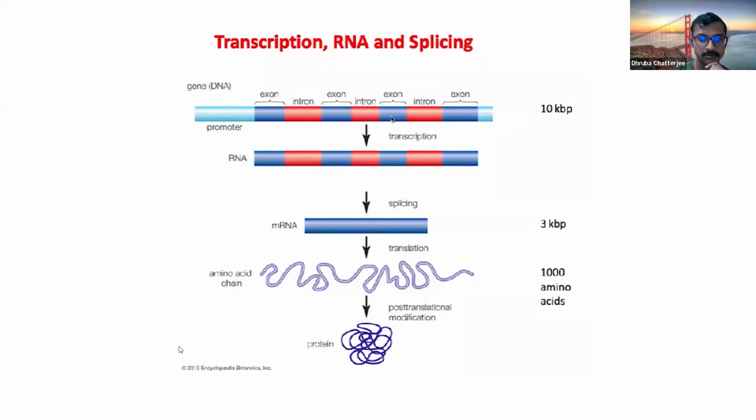Yeah. So the thing is, I will just try to draw and let you understand. For example, this is your replication fork. So kind of this is your replication fork, and your helicase is moving in this direction, from right to left, let's say.